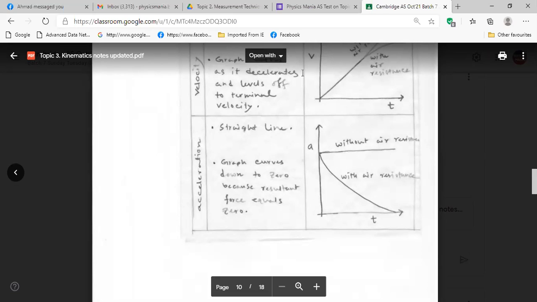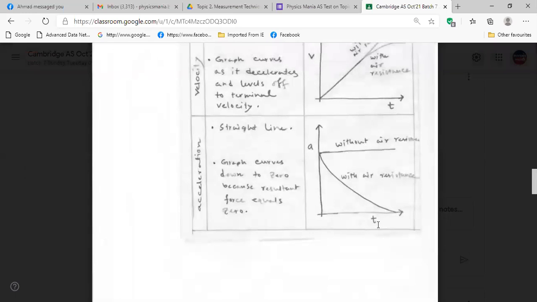Sir, my question is, in the acceleration graph without air resistance, is it increasing or constant? This one is constant. You see, time is increasing, but the acceleration remains the same, right? It's not going up or down. It seems slightly up. Maybe there was a scanning problem, or the page was bent, or freehand drawing came like this, but it should be parallel to the time axis.